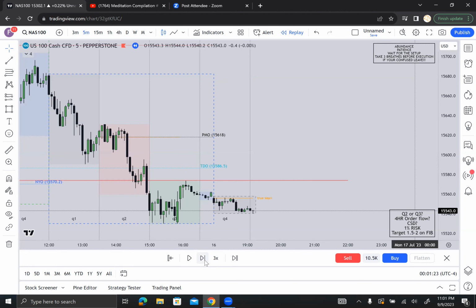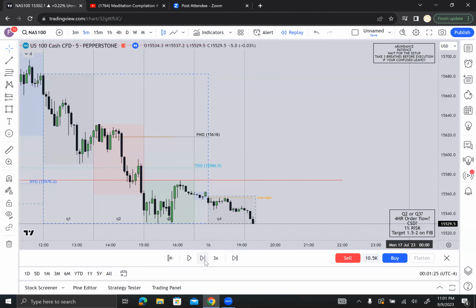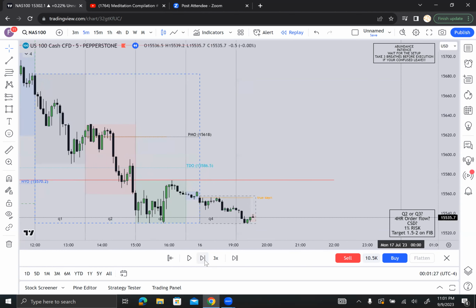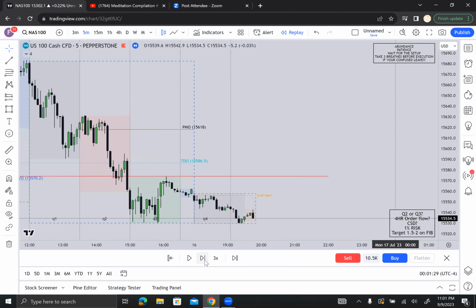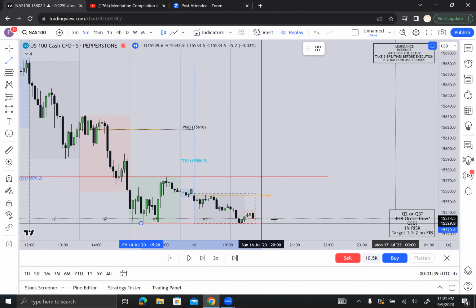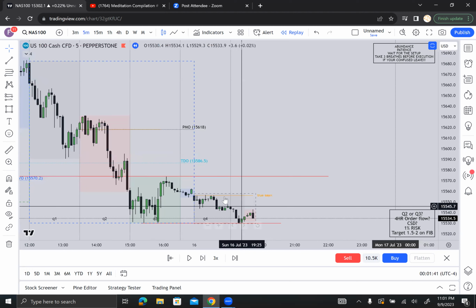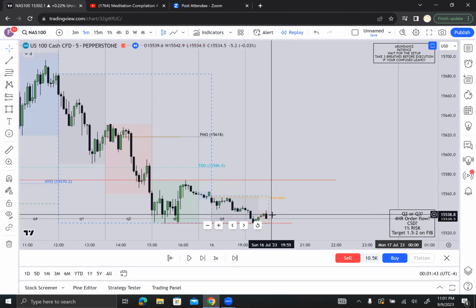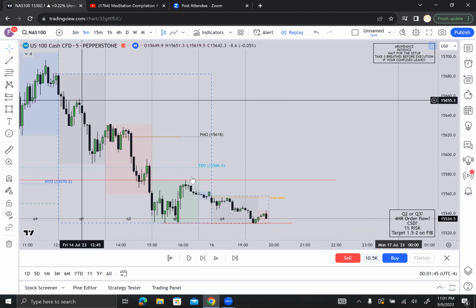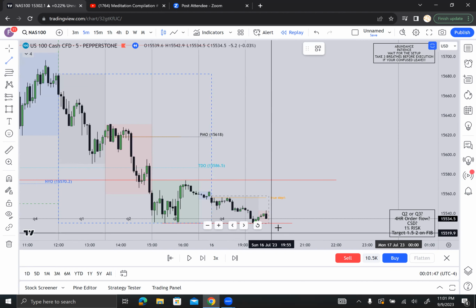So accumulation in Q1. Now, what I would like to expect is a manipulation. So keep in mind here, these lows. What I'm looking for is pretty much, we're looking for this, boys.